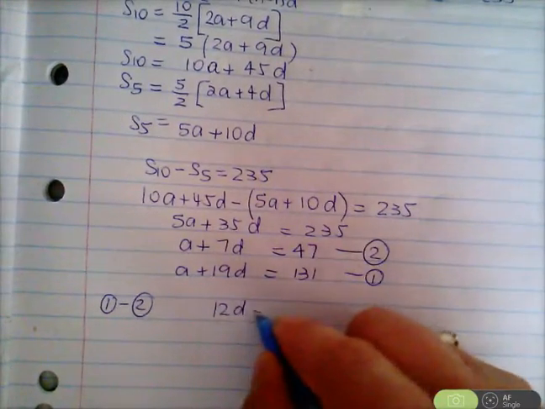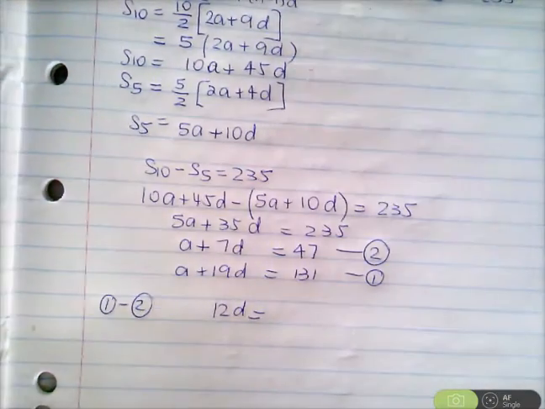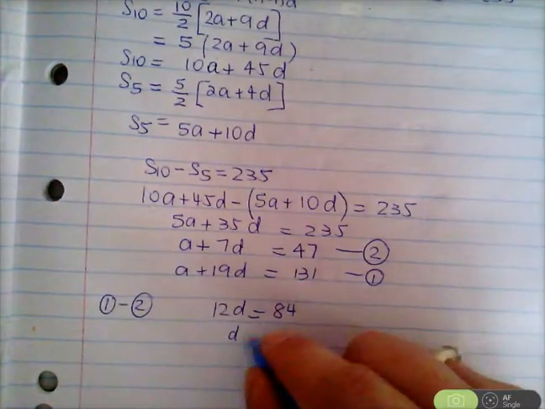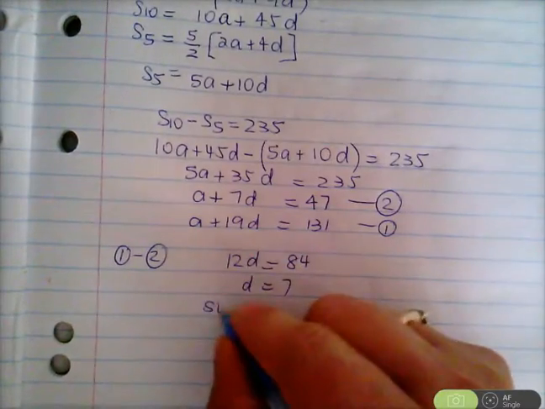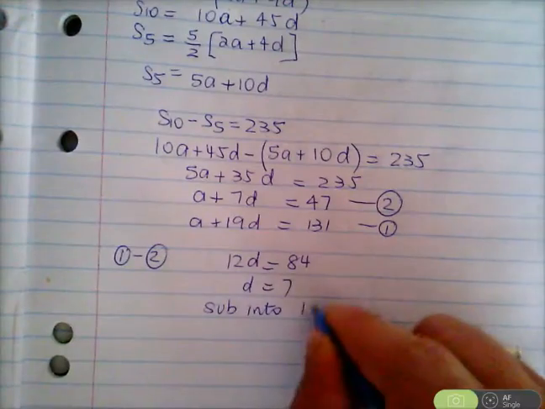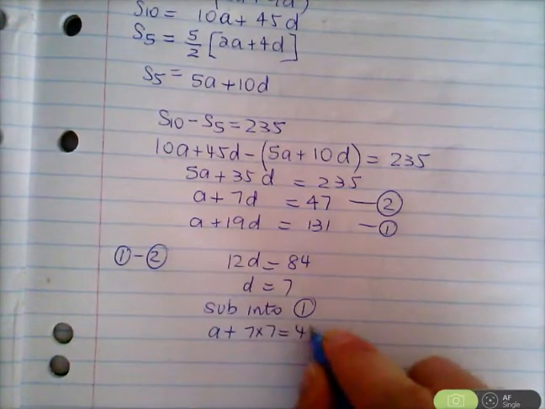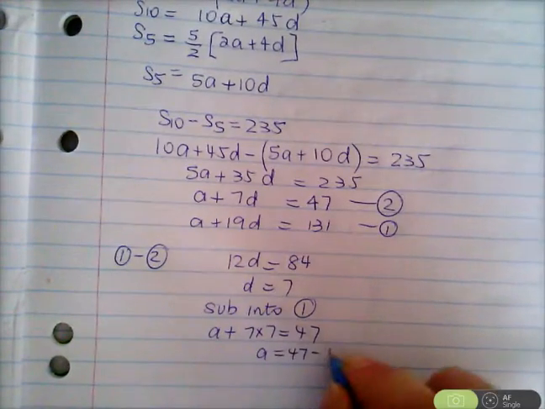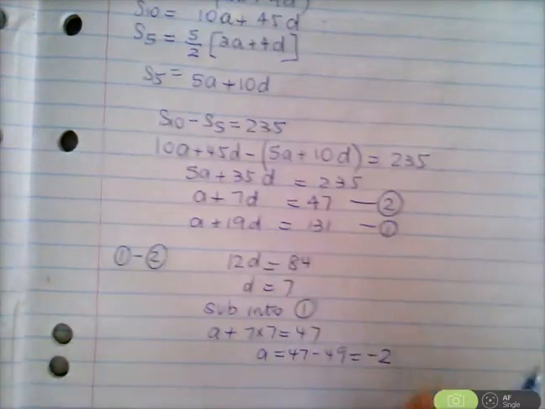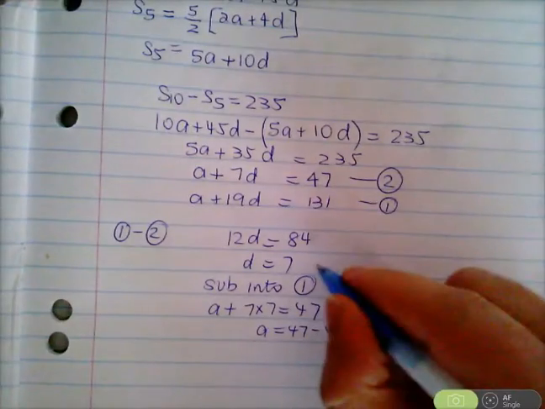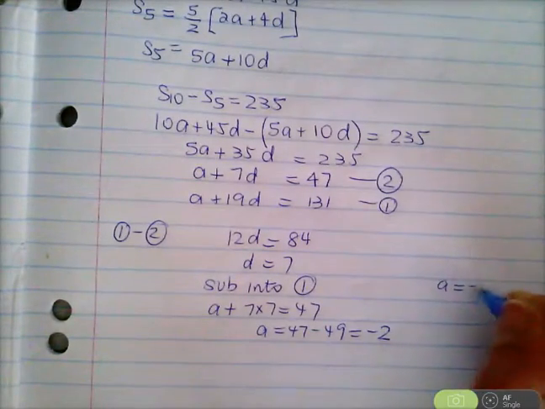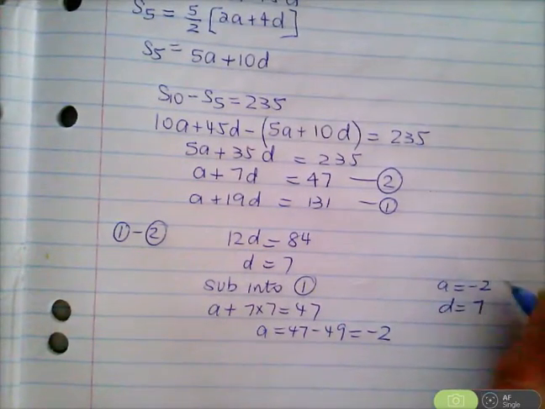And I get 12d equals 131 take away 47 is 84, and so therefore d is 7. And substituting into equation 1, we get a plus 7 times 7 is 49, so a is 47 minus 49, which is negative 2. So a is negative 2, d is 7.